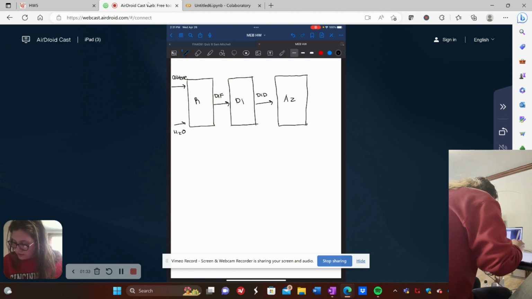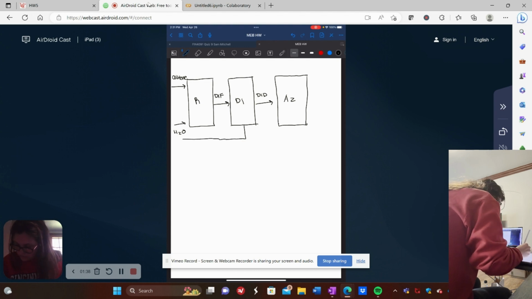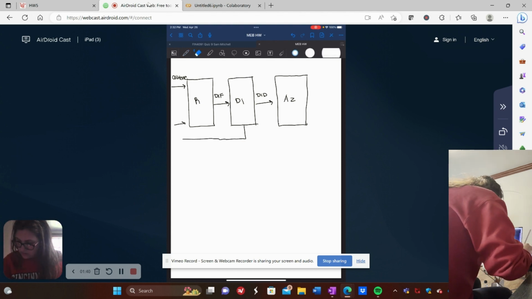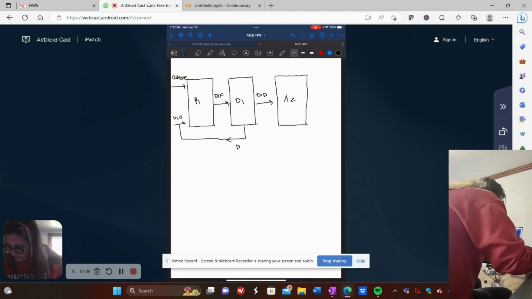It also has an outflow here. That recycles water, and this is D1B.